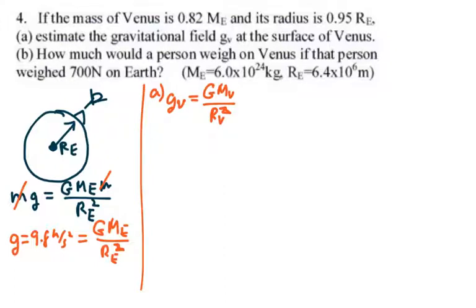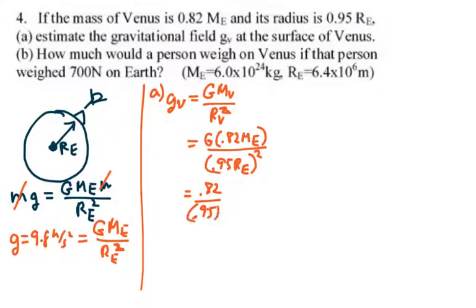But if you describe Venus in terms of Earth, this would be G times the mass of Venus, which is 0.82 times the mass of Earth, over the radius of Venus, which is 0.95 times the radius of Earth, squared. So this is equal to 0.82 divided by 0.95, squared, times G times the mass of Earth over the radius of Earth squared.